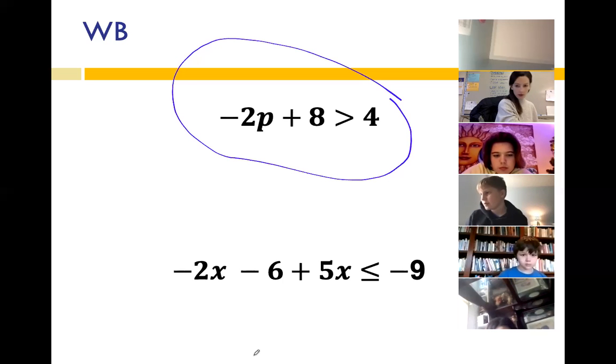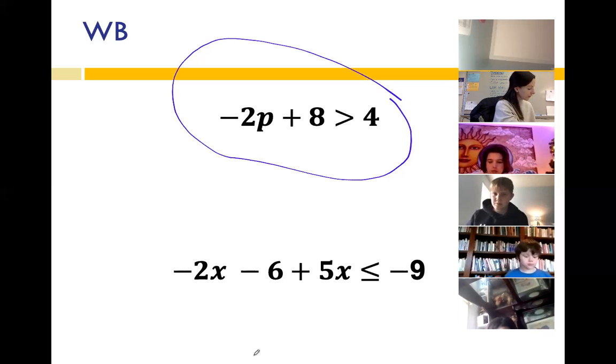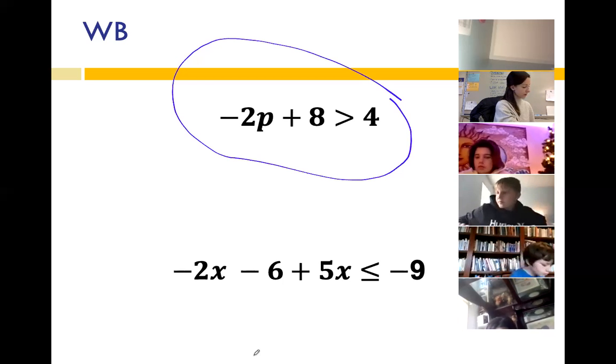Okay, I have about half of your answers so far. I'll give you another minute or two to keep working on this one. If you're done, you can go ahead and move on to the next one, but don't type your answer in the chat just yet. I'm going to go over the first one.